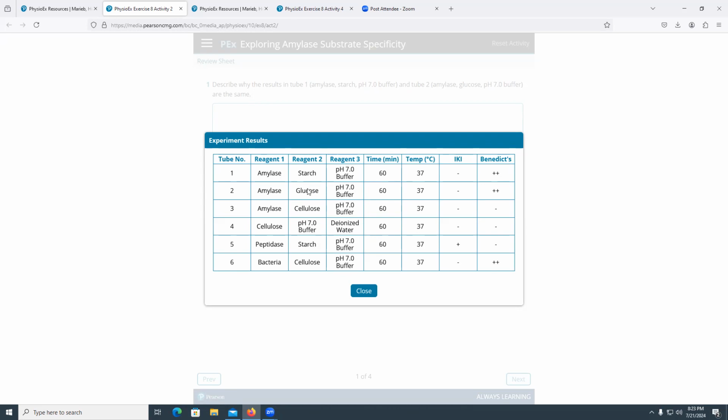If you add Benedict to a test tube that only has glucose, it will turn positive, because all that it does is detect glucose, but it will never detect why the glucose was there. Was it there because of an amylase reaction? So if you have one test tube that you just poured glucose in, and another test tube that had starch plus amylase, and you drop Benedict in both, Benedict will detect glucose because that's all that it does. So that's why they look the same.